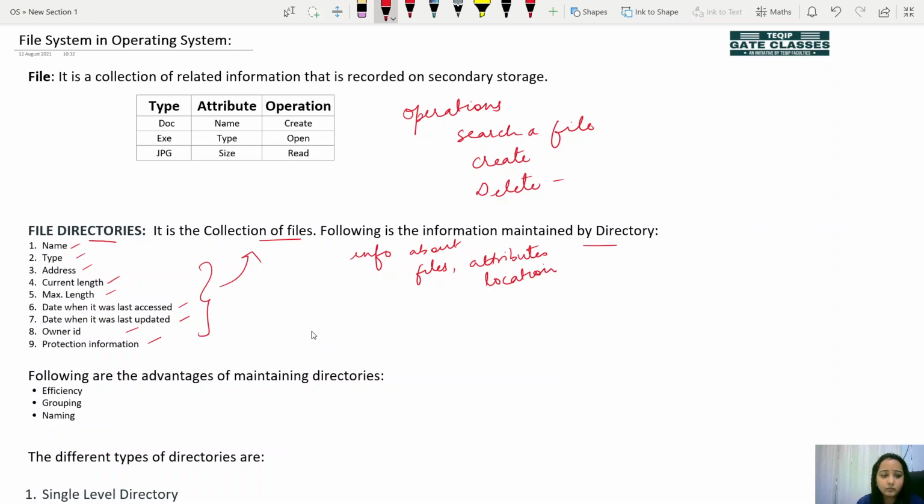So next, why do we maintain these directories? For better efficiency, for grouping, for naming. What do you mean by efficiency? A file can be located more quickly.